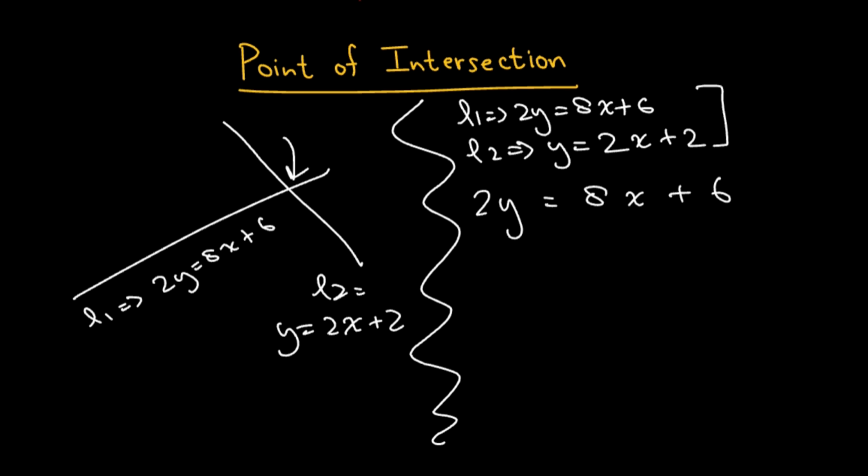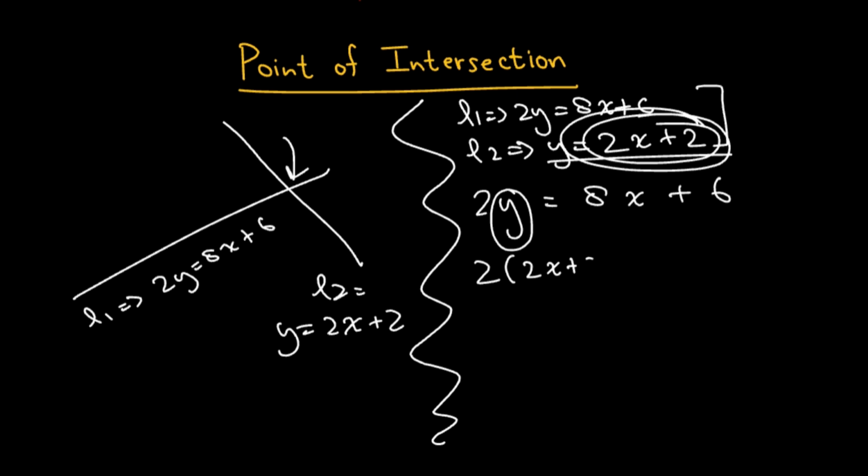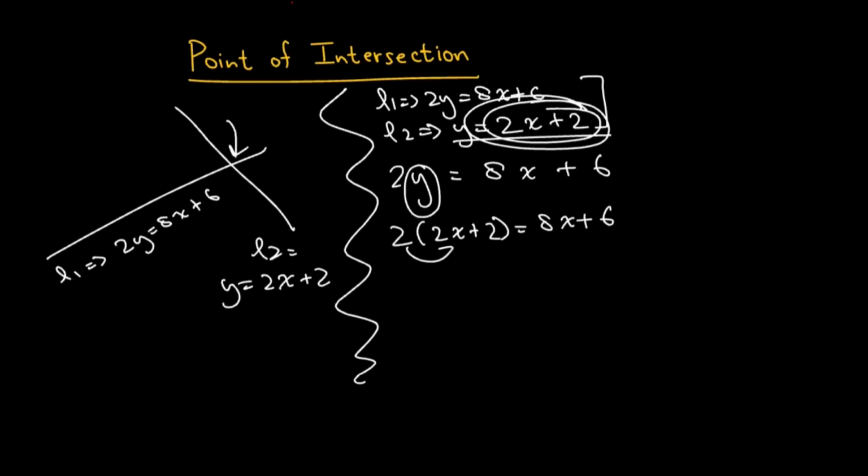Now from line L2, I know that y equals 2x plus 2. So the equation will become 2 times, and for y, I'll substitute 2x plus 2, equals 8x plus 6. Now 4x plus 4 equals 8x plus 6.